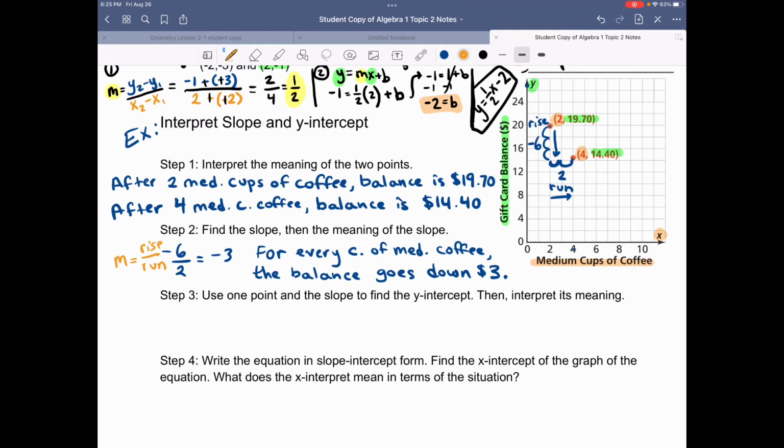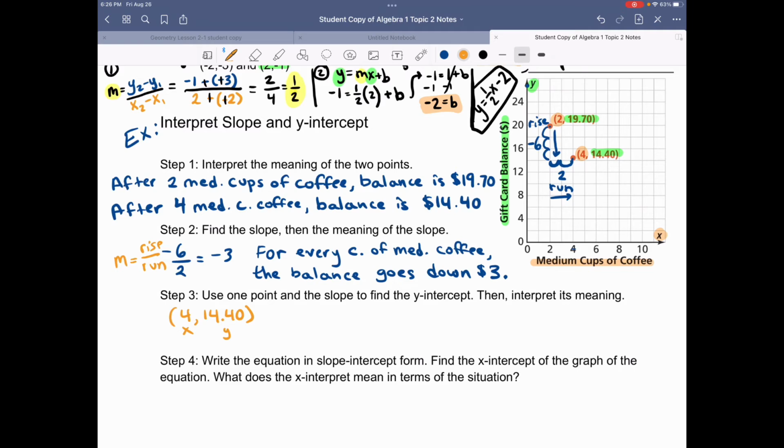Okay. Step 3. Use 1 point and slope to find the y-intercept, then interpret its meaning. This is kind of like the example we just did above. We're going to use 1 point. So I'm going to choose the 4 and the 1440 as my x, y.